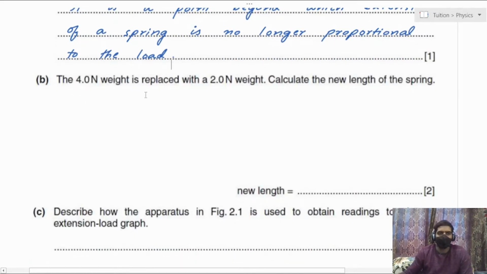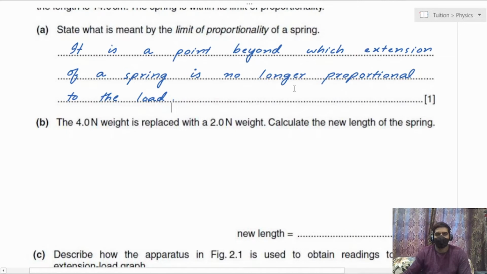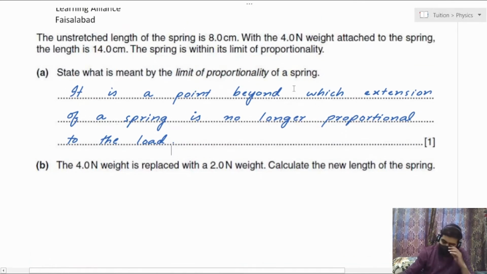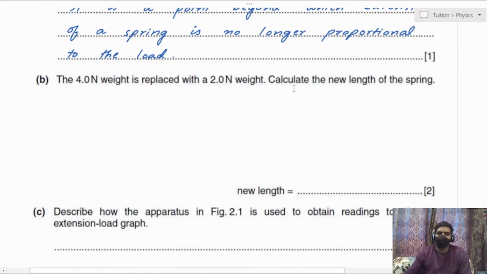The 4.0 Newton weight is now replaced with a 2 Newton weight. Calculate the new length of the spring. Okay, now one thing, a very famous pointer that they test you about, in which you need to apply Hooke's law, which says deforming force equals K times the extension.